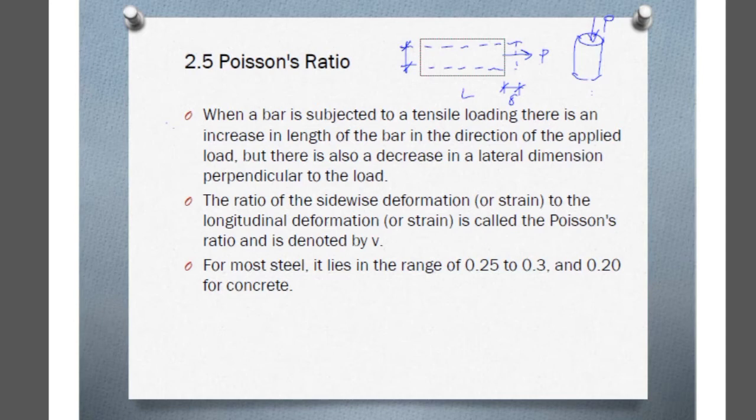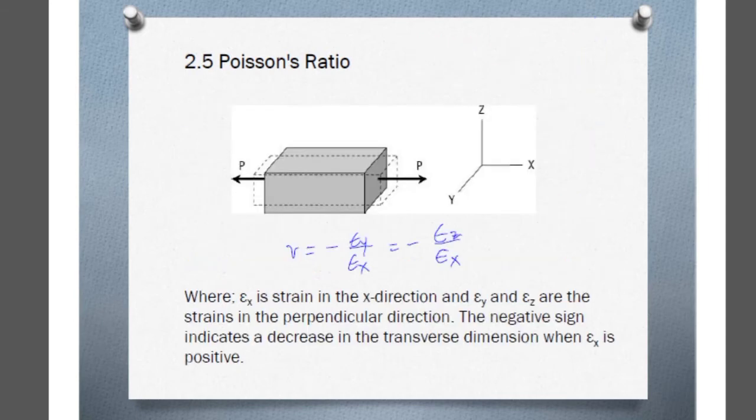So the ratio of the sideways deformation or strain to the longitudinal deformation strain is called the Poisson's ratio, and it is denoted as V. So for most steel, it lies from 0.25 to 0.3 and 0.2 naman para sa concrete. So in here, ito na yung sinasabi ko kanina, if we apply force P, so what will happen is hahaba siya pero liliit, no?